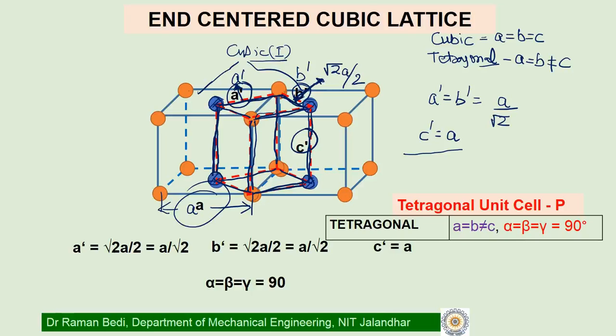This gives me that this red unit cell, contained within what we were assuming to be a cubic end-centered crystal structure, can be represented by a tetragonal P unit cell, a primitive tetragonal unit cell. This is the unit cell which is available to us.